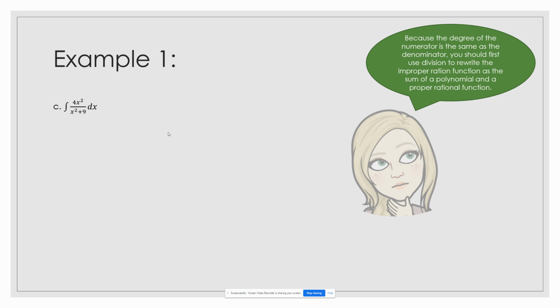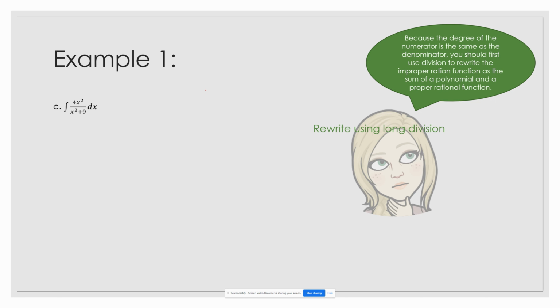Okay, so long division, it has been a long time since we did that. I forgot how to long divide. Like I said, it's been a long time since we've long divided.